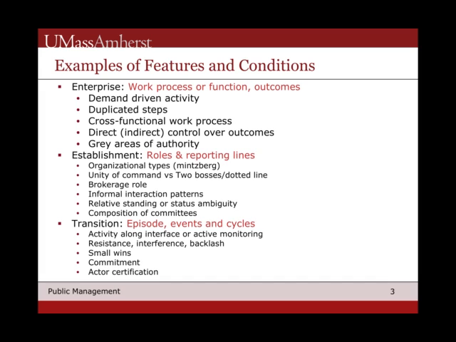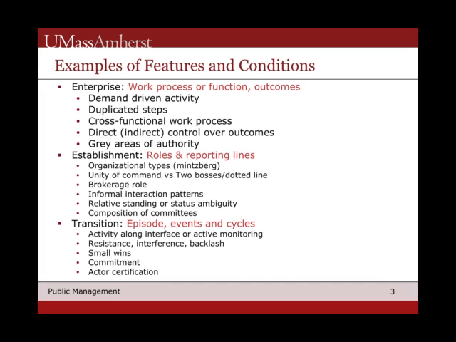Finally, in week 4, we looked at transition-related features, so things that are associated with episodes, events, and cycles. We talked some about activity along the interface or active monitoring. So again, in the case of NIOSH, we needed to see more, being able to basically figure out who was getting the work done and who wasn't on the DDRC process because of this sort of incomplete authority, which is a dotted line problem.